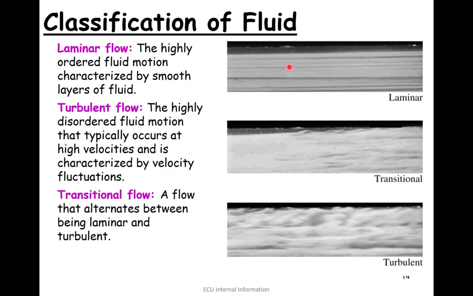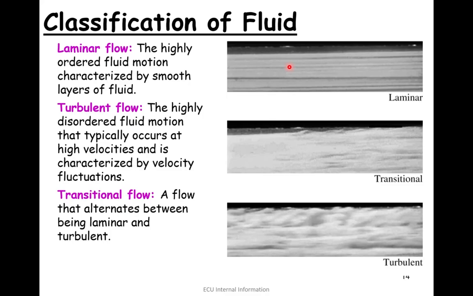Suppose we consider a column of fluid moving in a river, but it has different layers. If you inject a dye between these layers and there is no mixing of dye with the surrounding fluid, we call the flow laminar. That means highly ordered fluid motion characterized by smooth layers of fluid. However, in turbulent flow, highly disordered fluid motion is formed.